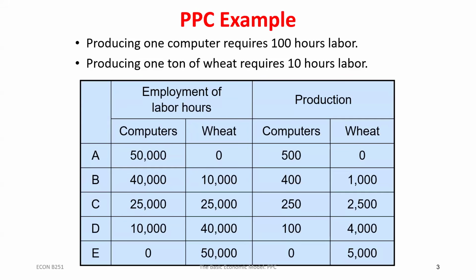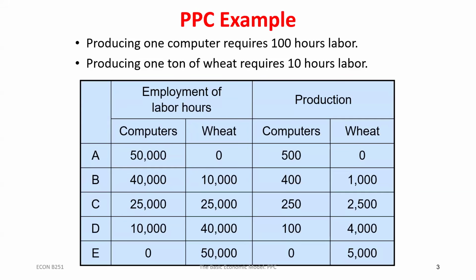I think we said if we go from 5,000 tons of wheat to 4,000, that would give me the point of 100 computers. If I reduced the production of wheat down to 2,500, that gave me 250 computers. I could graph all those 5 points, and what I'll end up with is this line that connects them.